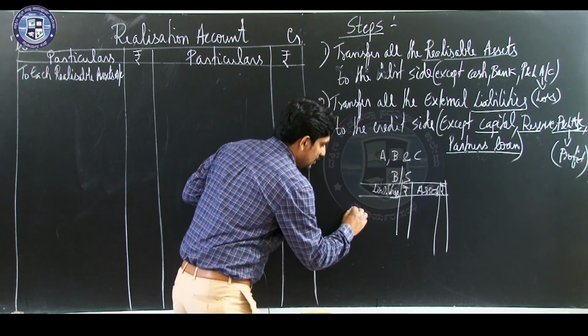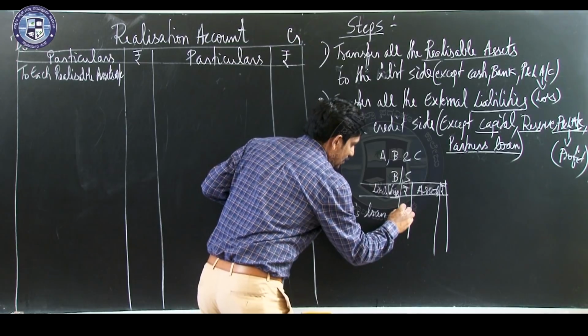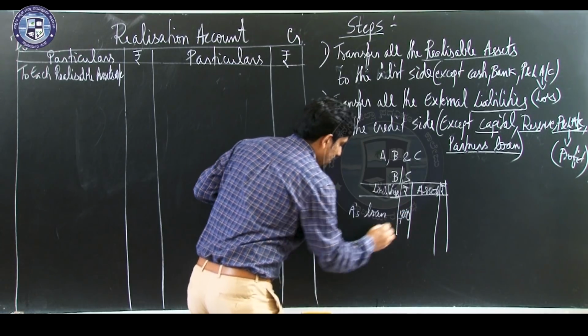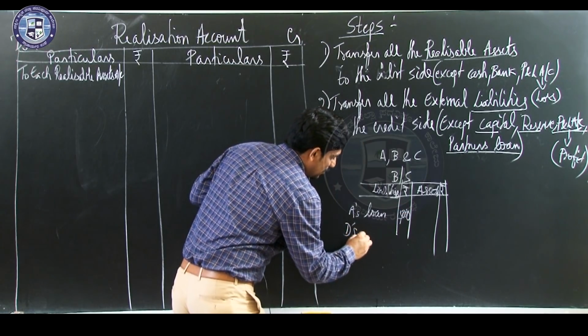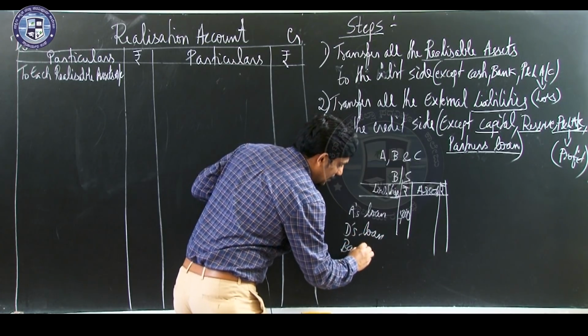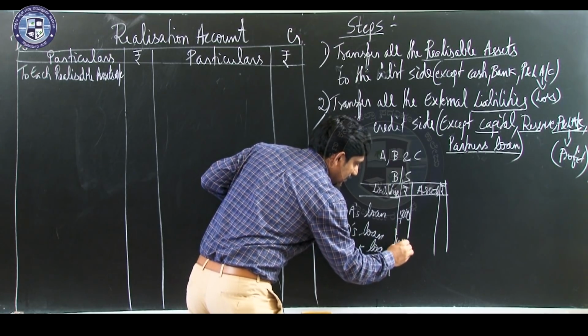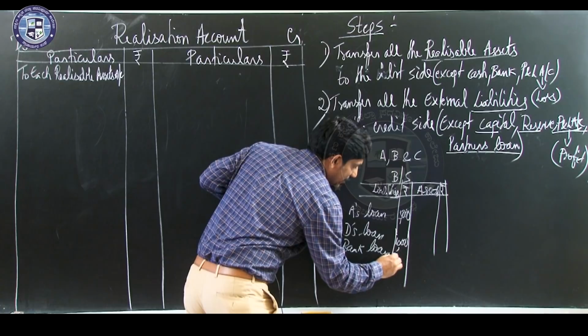On the liability side, A's loan is given 5,000, then D's loan is given, bank loan is given. D's loan is 10,000, bank loan is 20,000.